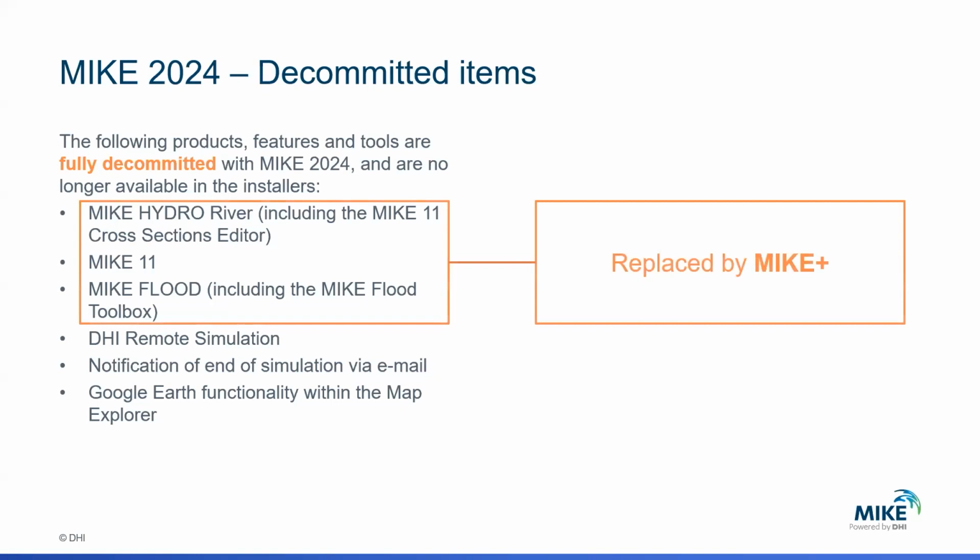These have all been replaced by Mike Plus. And anyone with a Mike Flood license and valid SMA already has Mike Plus. So you get the shiny new thing, as much as we are sad to see the old workhorses put out to seed.